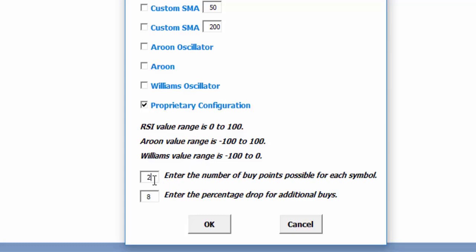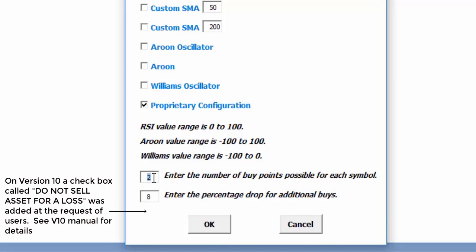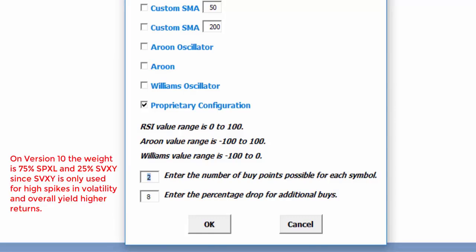At the bottom here, the last thing you can set is the number of buy points possible for each symbol. What that means is, for SVXY, it's going to buy twice maximum before it sells at once. Say you start out with $10,000 in your account. It's going to say, I have $5,000 allocated for SVXY and $5,000 allocated for SPXL.